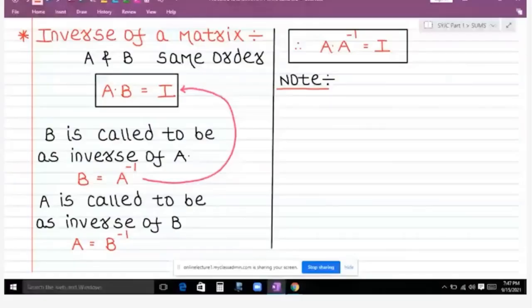Such type of matrix it is being called to be as नॉन सिंगुलर मैट्रिक्स. नोट कर लिया सब लोग ने, नॉन सिंगुलर मैट्रिक्स.